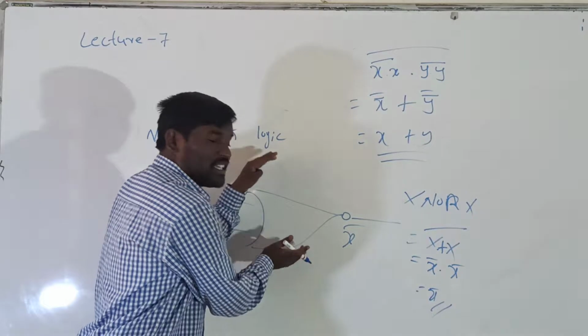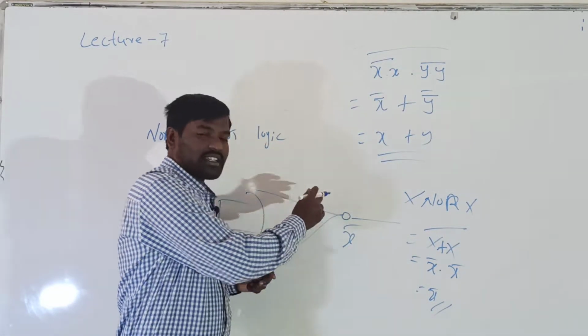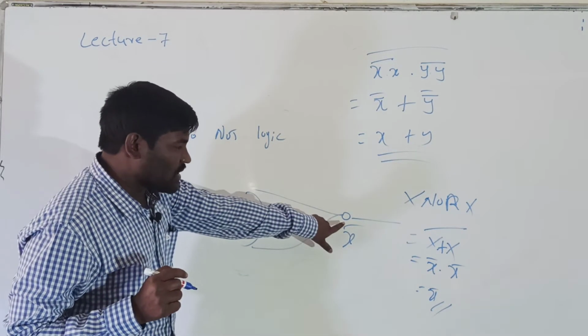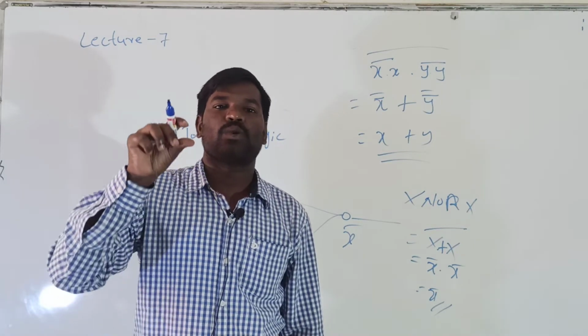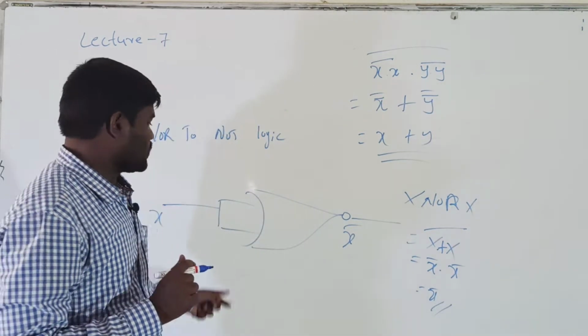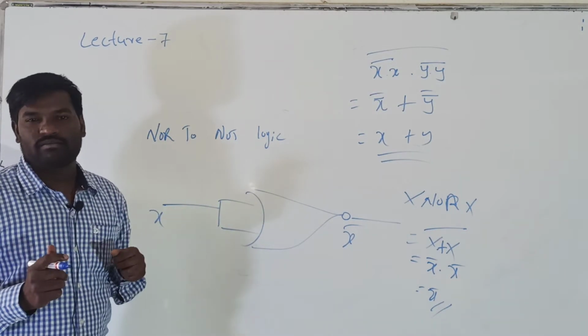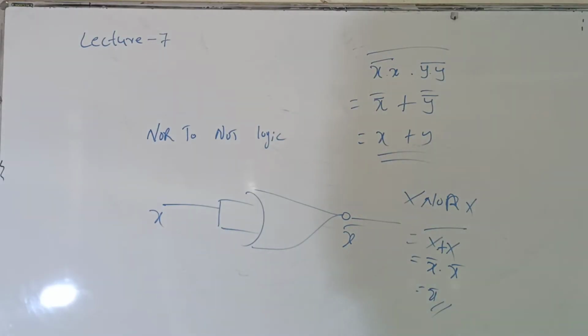This is the simplified diagram of NOR. If you remove this circle it becomes OR. If you put one circle, it is a simplified circuit diagram for the NOR gate. So this is NOT using the NOR. Clear?